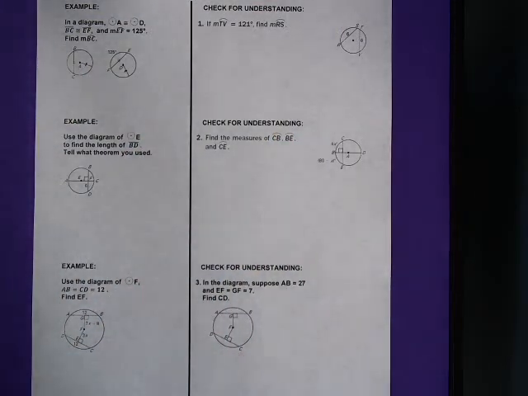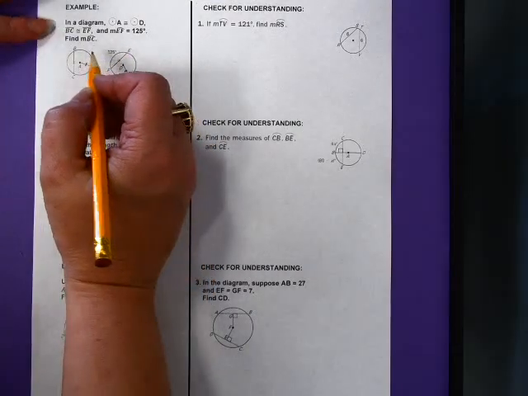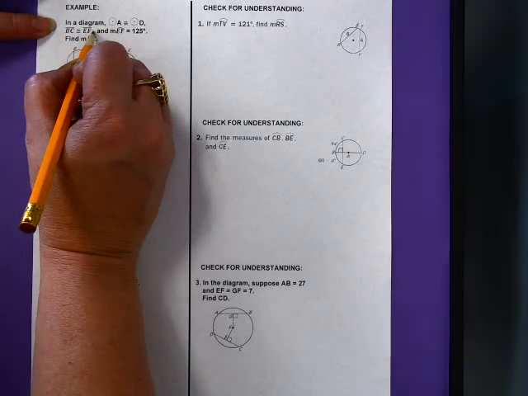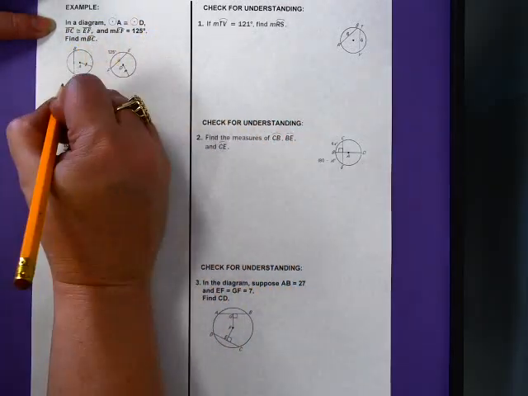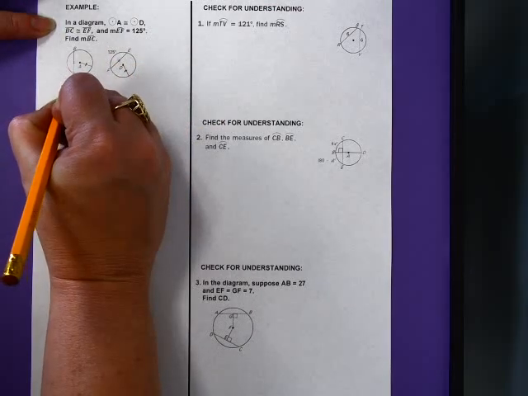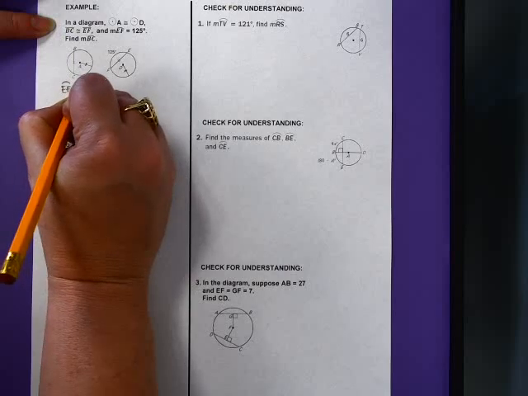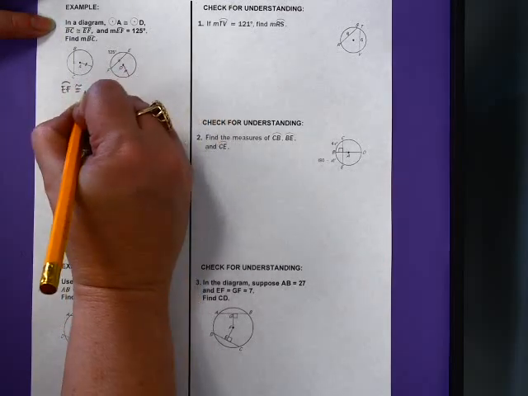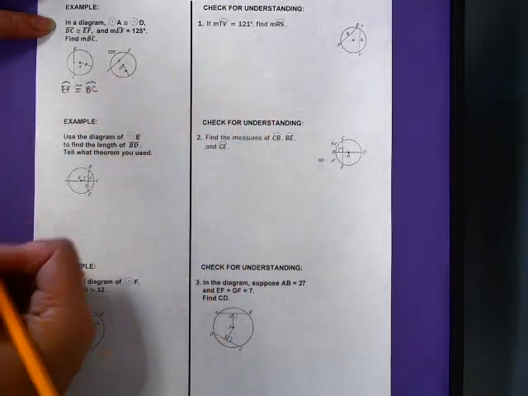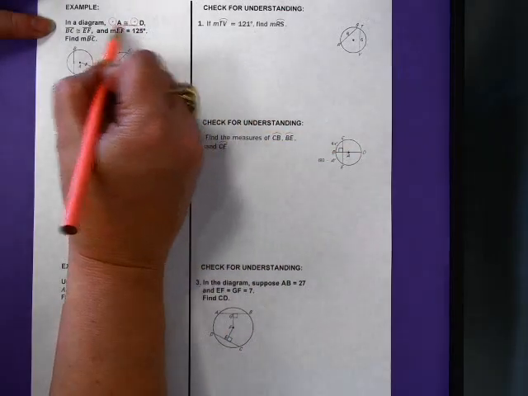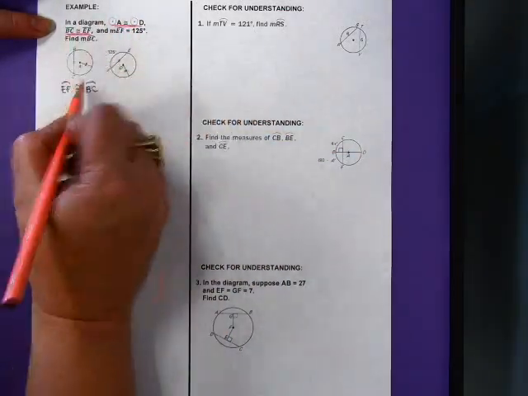Okay, so since they're congruent circles and since we know that BC is congruent to EF, that tells us that arc EF is going to be congruent to BC. And that's because of, we have to have this and we have to have this.